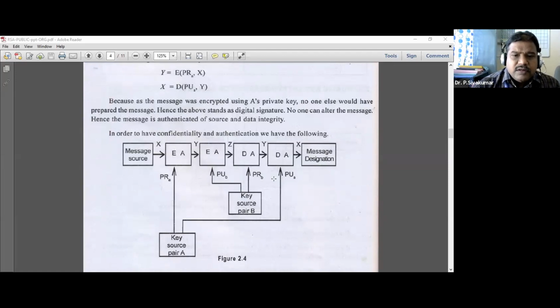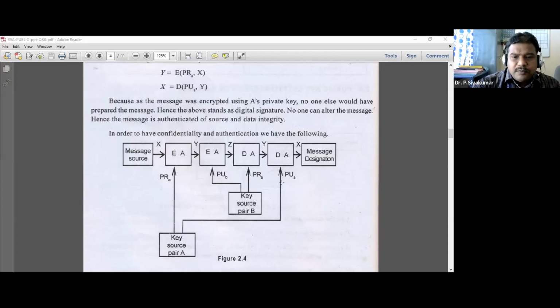Okay, so how can it be done here? We have two key pairs, the key pair of user A and the key pair of user B, and both are available. To ensure confidentiality, we use the recipient's public key. To ensure authentication, we use the source's private key.